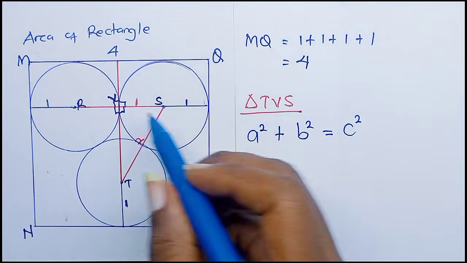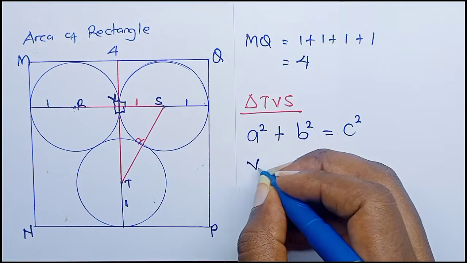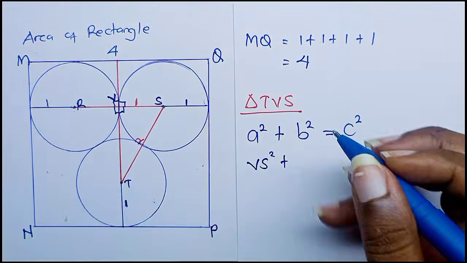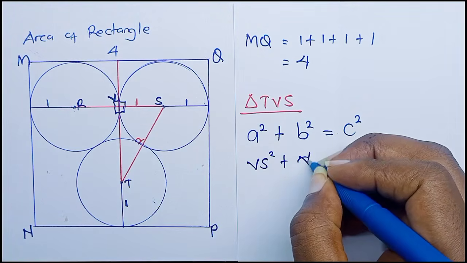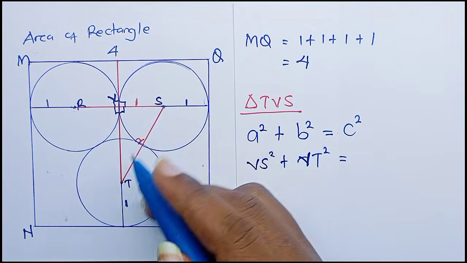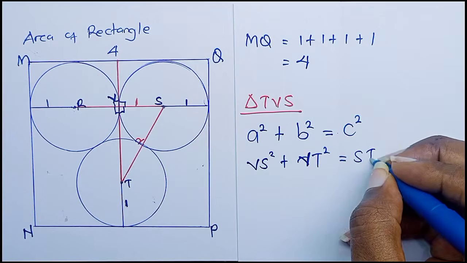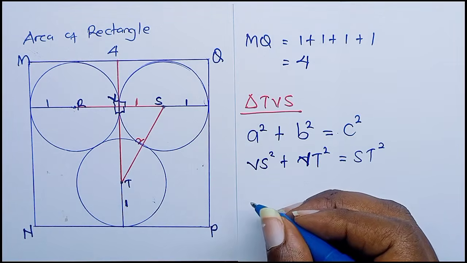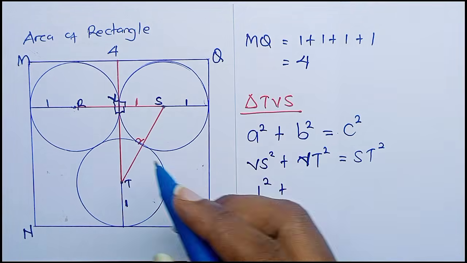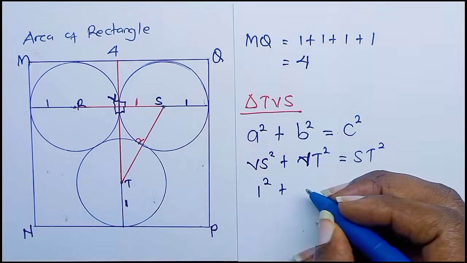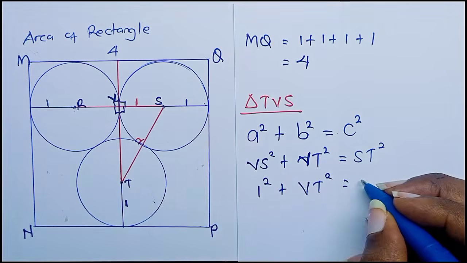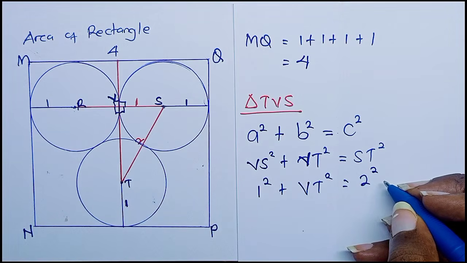Our a is VS, so VS squared, plus our b is VT, so VT squared, is equal to our c, the hypotenuse, which is ST, so ST squared. VS is radius 1, so 1 squared plus VT, which we don't know, so VT squared, is equal to ST, which we got as 2, so 2 squared.